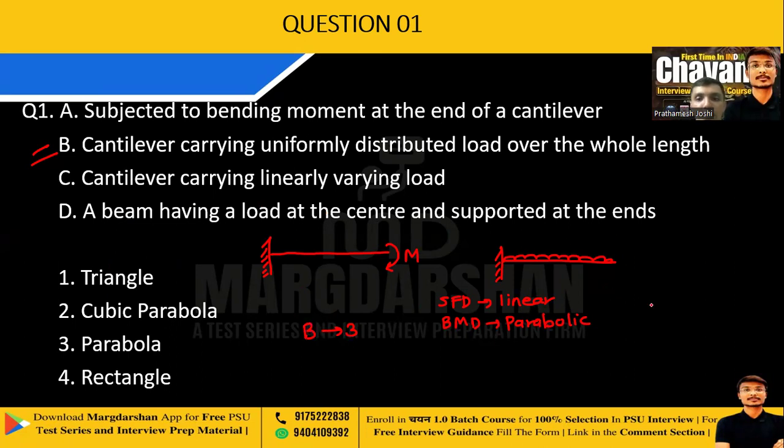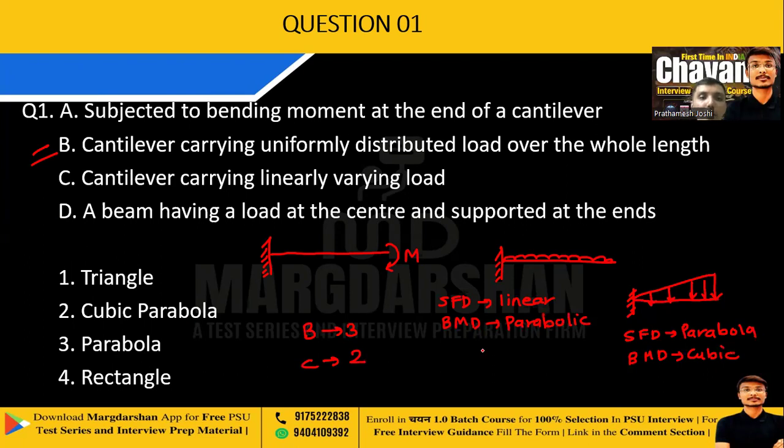Cantilever carrying varying load, either this or this. In this case, SFD would be parabolic, BMD will be cubic. So for C, we have got 2.